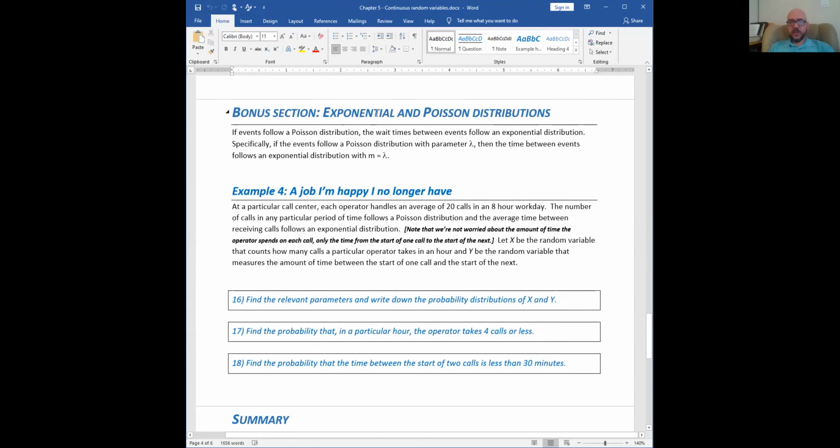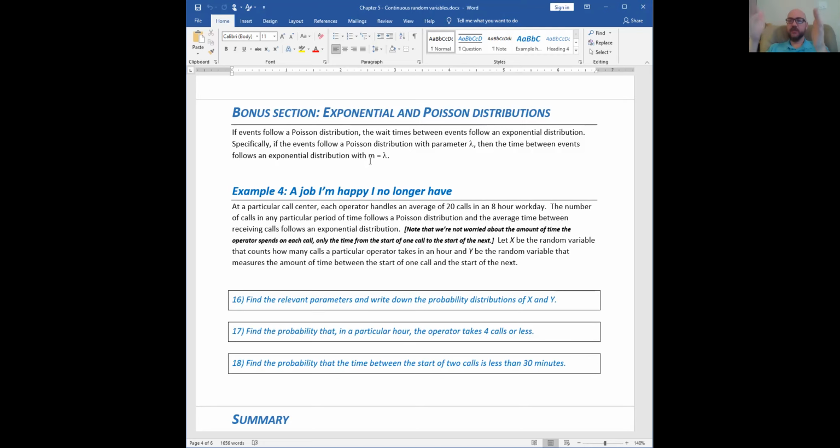So the relationship between exponential and Poisson distributions is that if you have Poisson events separated in time, so for instance, industrial accidents, let's say at this one factory, on average the lambda for your Poisson distribution is like 1 every 2.5 years, so 0.4 industrial accidents per year. Well, the wait time between those events follows an exponential distribution.